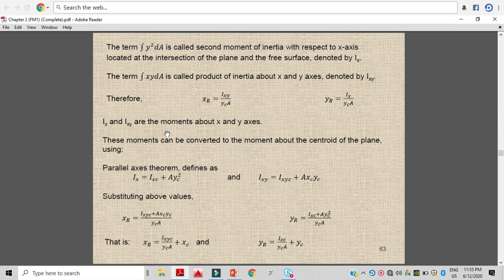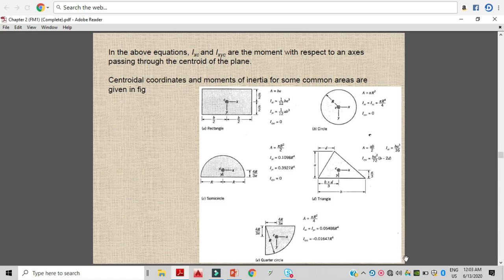Here you can see this is the distance from the centroid, xc plus some value, and here the distance from the centroid, yc, plus a factor. So that means the net resultant force will always act below the center. Let's see a practical problem that makes our concept more clear.